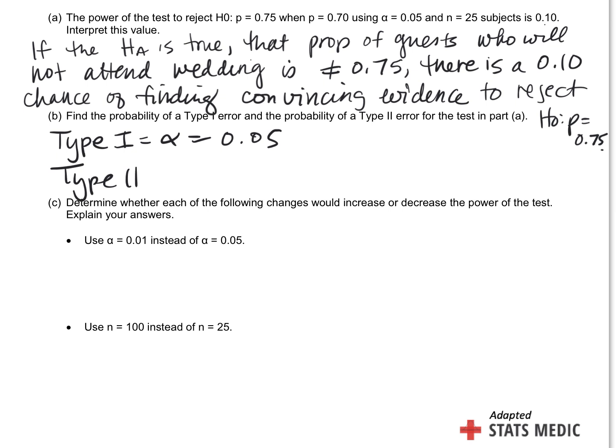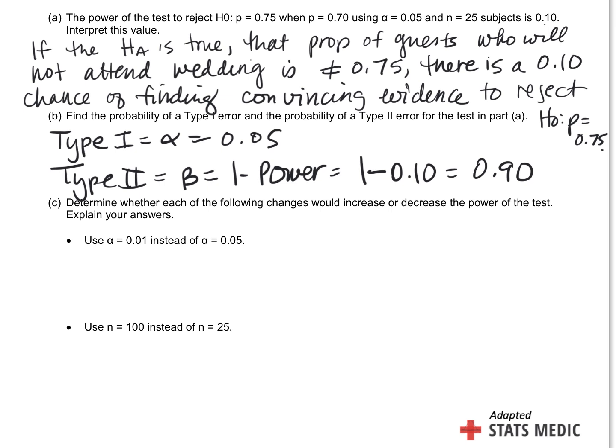Probability of a type 2 is called beta, and it's 1 minus the power. Well, what was the power? 10%. That's an easy subtraction, so it's a 90% chance of a type 2 error. Not good.